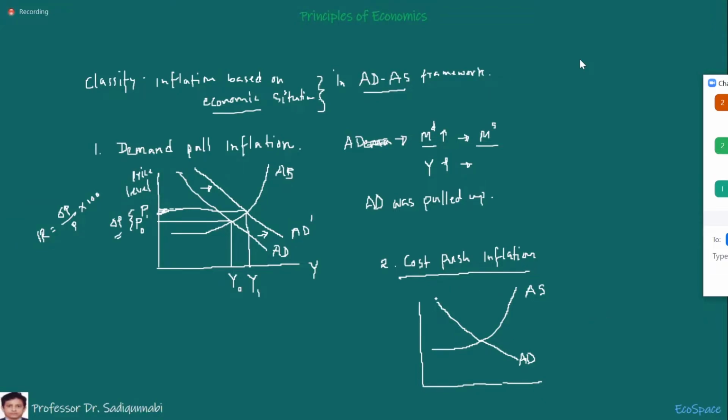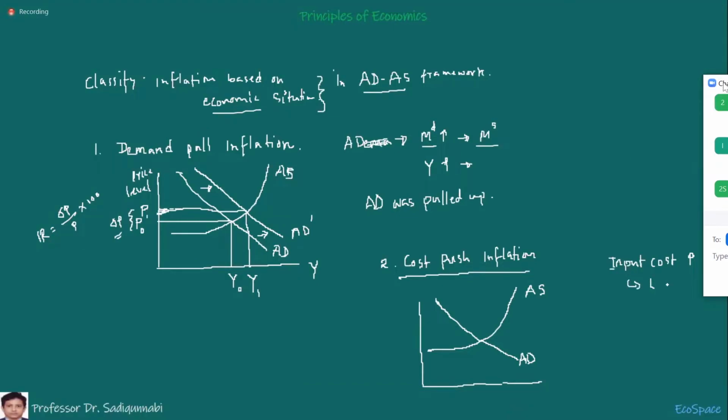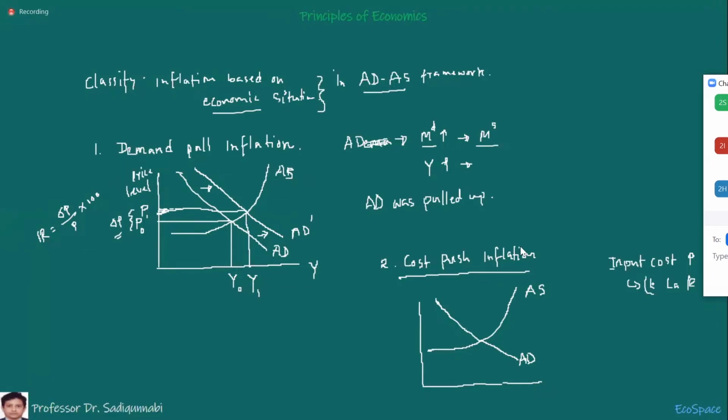Suppose one of the determinants of aggregate supply is an increase in input cost. If input cost increases, what happens? Input here means land, labor, capital, and organization. These are called inputs of production. So input cost increases, then what happens?